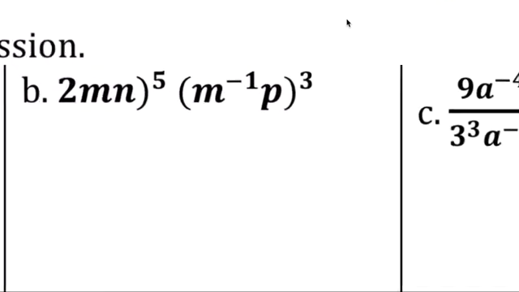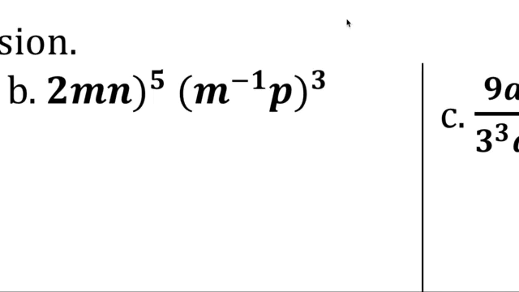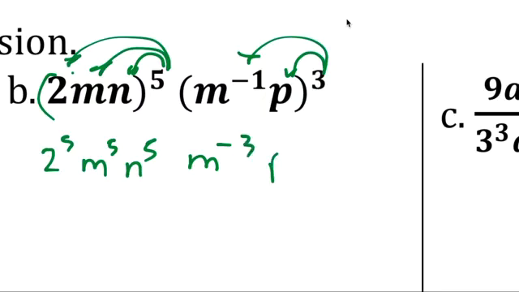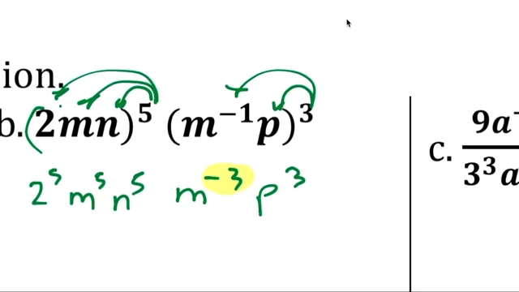Now this is the same essentially. Oh, I forgot to put another here, but distribute, distribute, distribute. It's 2 to the 5th, m to the 5th, n to the 5th. Distribute, distribute. M to the -3, p to the 3rd. Oh man, can only add these two together right there.